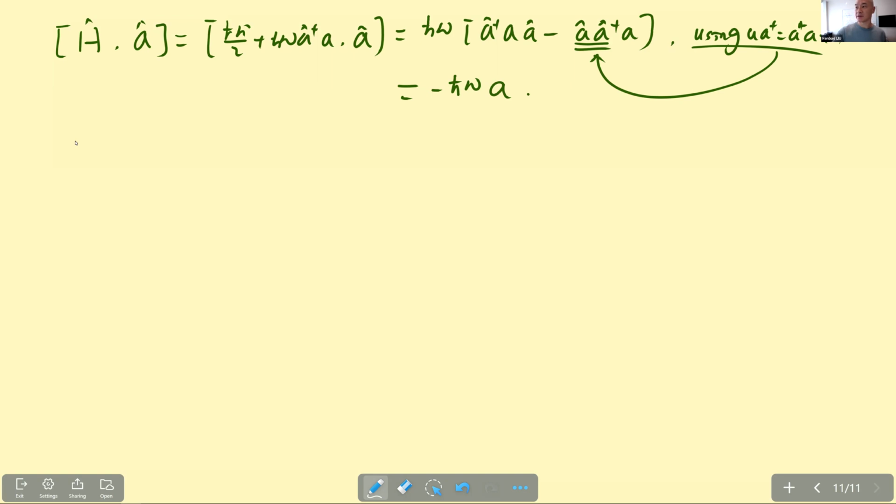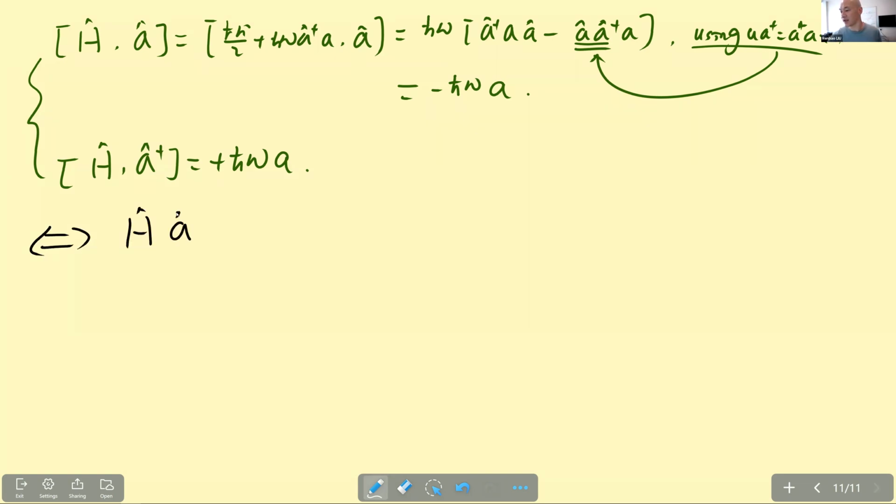And similarly, this one can be written equivalently as H A equals A times (H minus h bar omega), right?